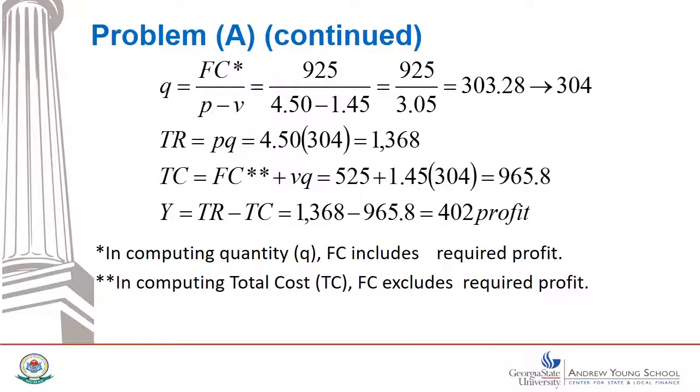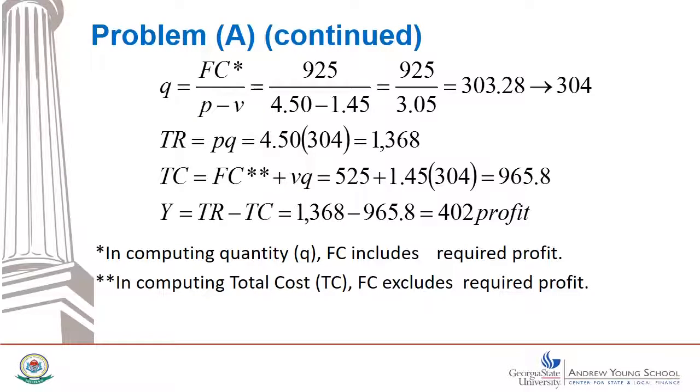To compute total costs, we have to back out the profit target as part of the fixed costs, so it simply goes back to just 525. After this change, we have total costs, or TC, equal to fixed costs of 525, plus the product of variable costs of $1.45 times our quantity of 304 pies.